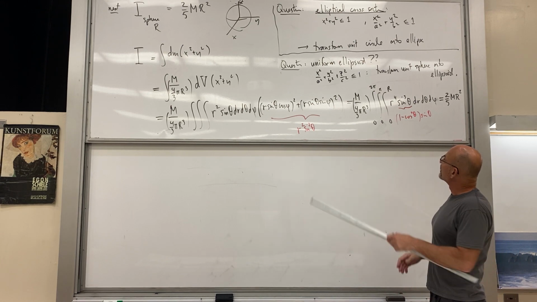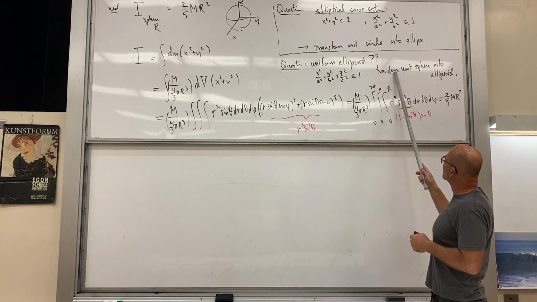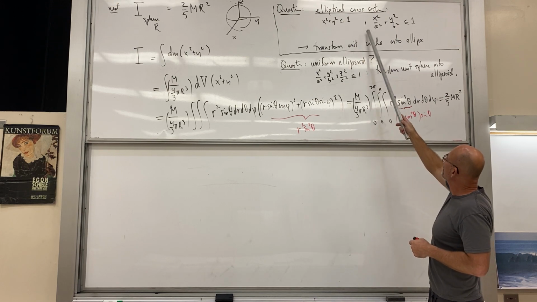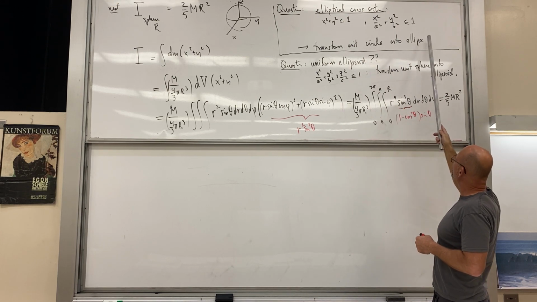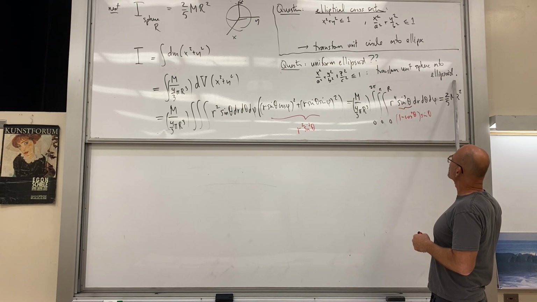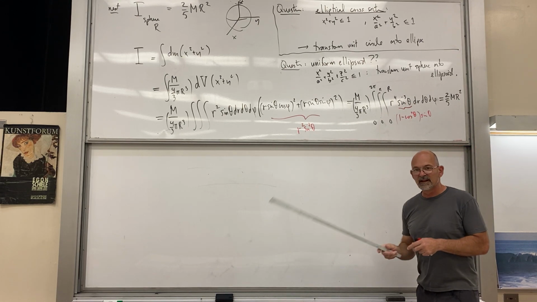So our technique for integrating is going to be transforming one of these objects onto the other, like unit circle onto an ellipse, unit sphere onto an ellipsoid, and then we'll be able to get these integrations.